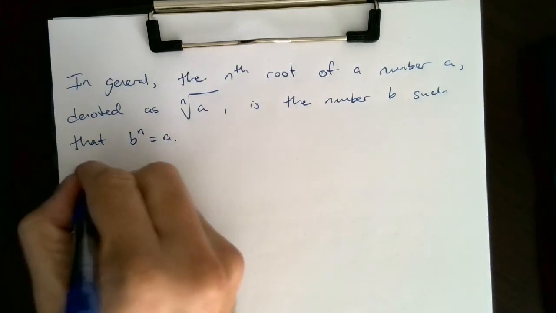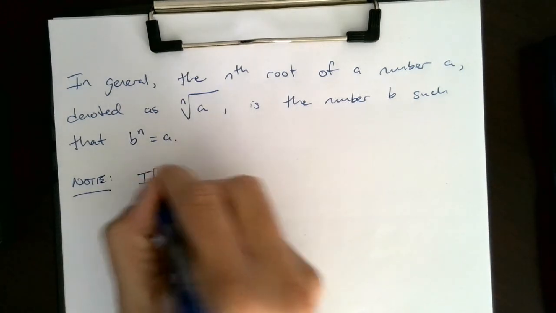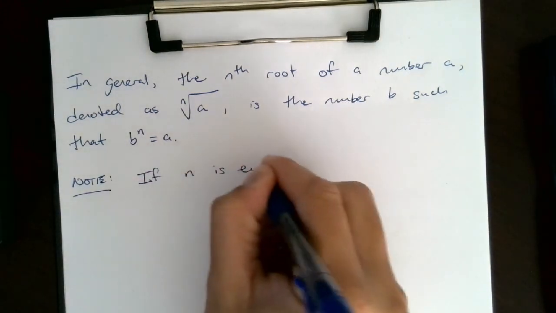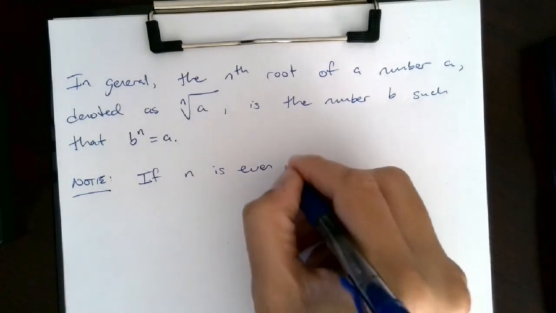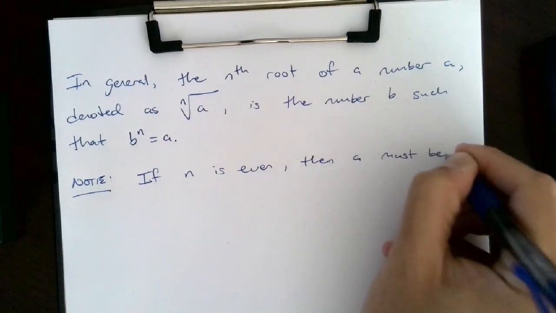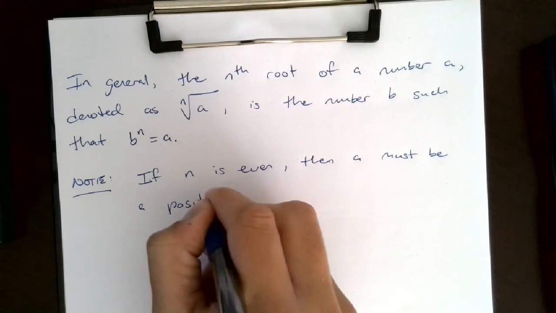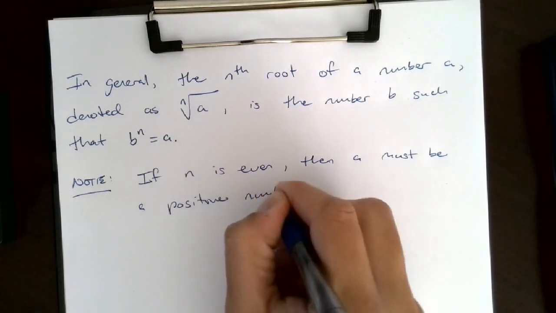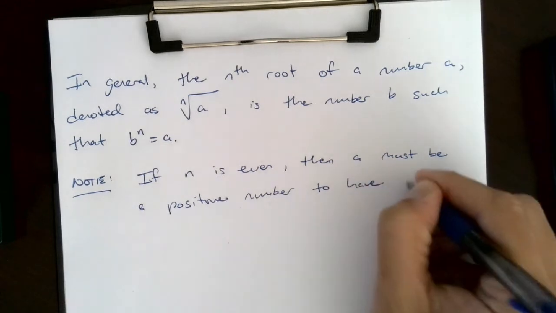And then just a quick note, I kind of referred to it already. If n is even, right, so if the index is even, like the square root, then a must be a positive number to have a real answer.